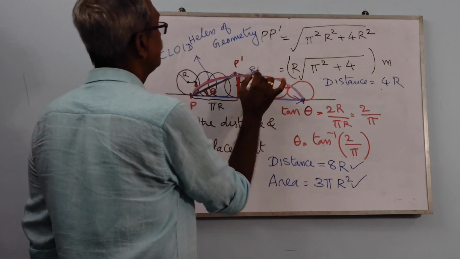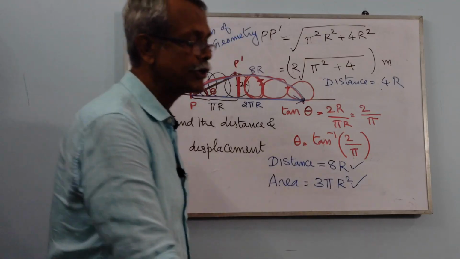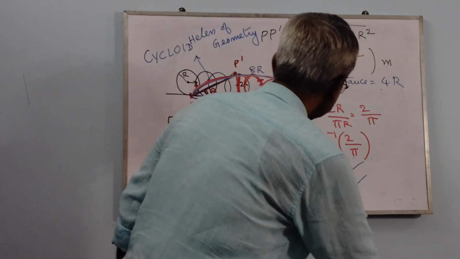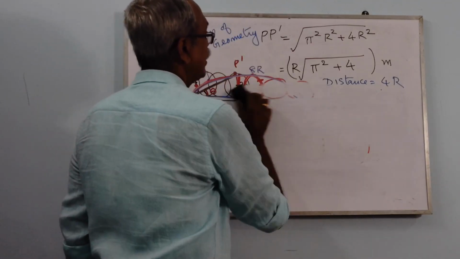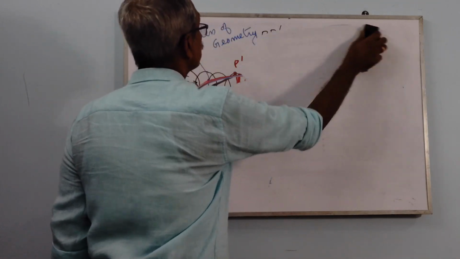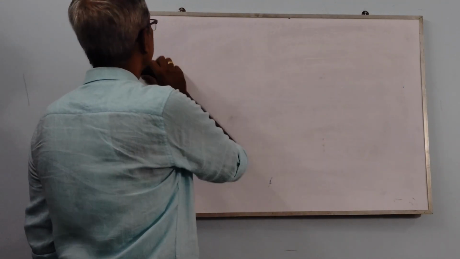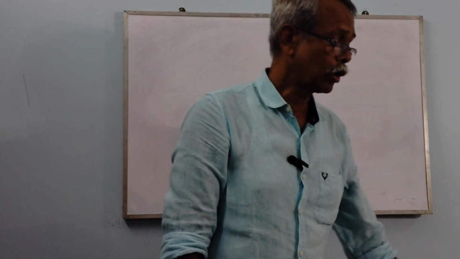This will be 8r. So that is the situation of a cycloid. So this also is a very important question. I have introduced this question to give you the idea of a very important geometrical object, which is called the cycloid.